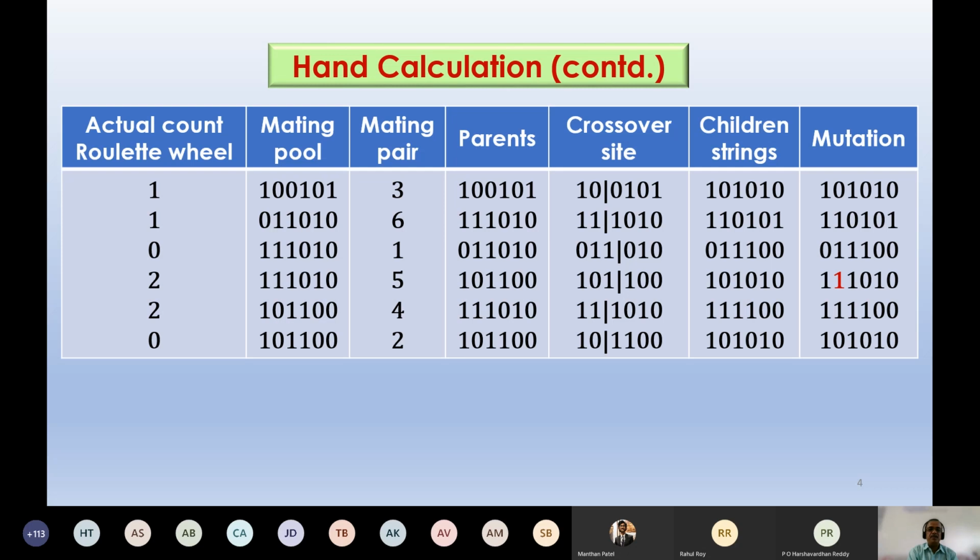Fifth is going to meet with fourth. So this one you copy, and this one you copy it here. So I'll be getting the first mating pair, second mating pair, and third mating pair. So from these 6 strings, I've got 3 mating pairs, sets of parents, which are selected at random using the random number generator.